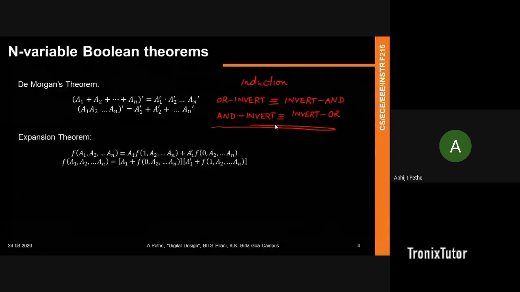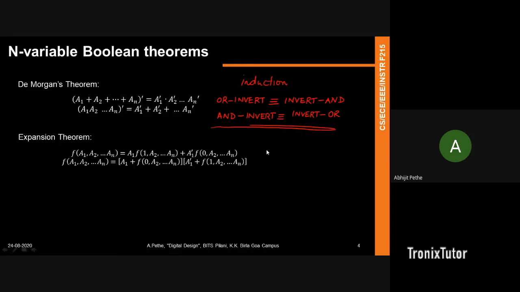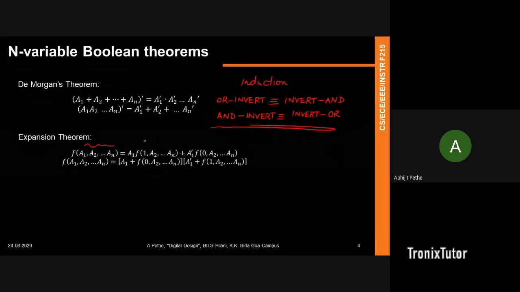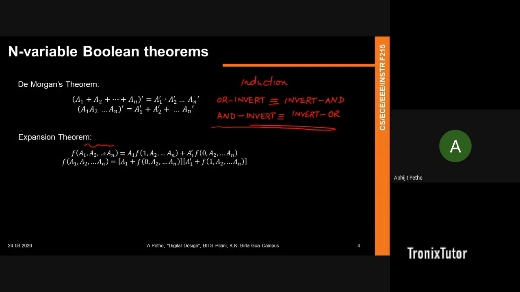And the other thing, which is easy to think about, is that if I think about a function which is made up of n variables, then I can pull one of the variables out. I can say this is a1 ANDed with the function with a1 replaced by 1.